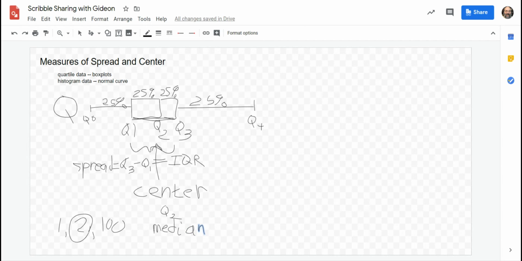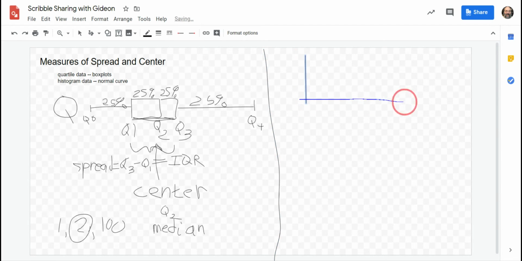Okay, so there's that. I'm going to keep that on that half of the page because the other stuff is the histogram data. Right, we have our histogram. Let's make it at least somewhat bell curve-ish. Let's say we're doing some kind of measurement in a situation where we do expect the data to come out normally distributed.